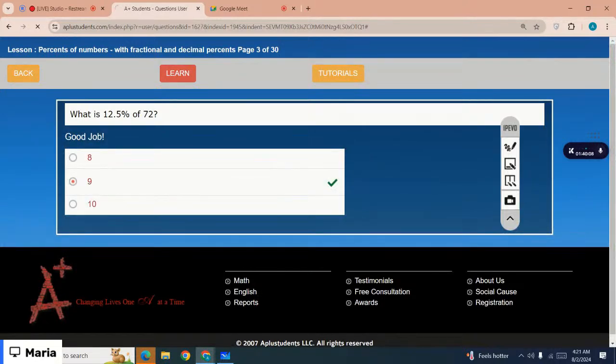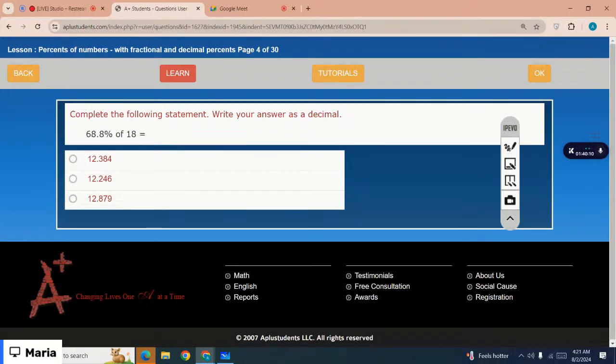Okay, the next one is, complete the sentence. 68.8% of 18 equals.